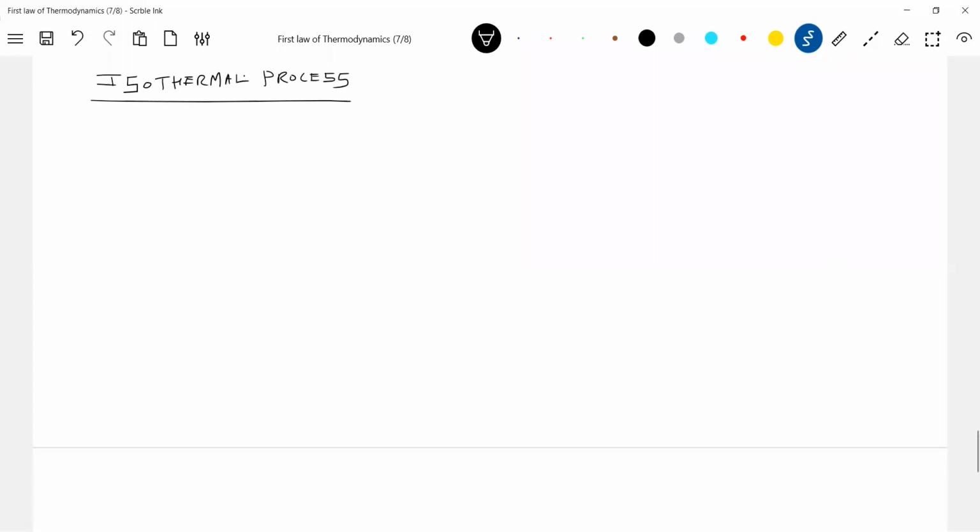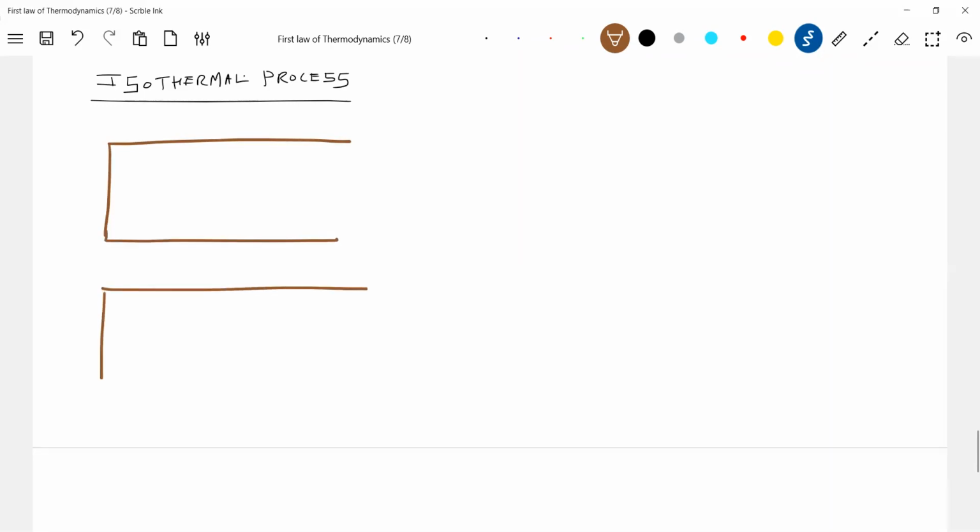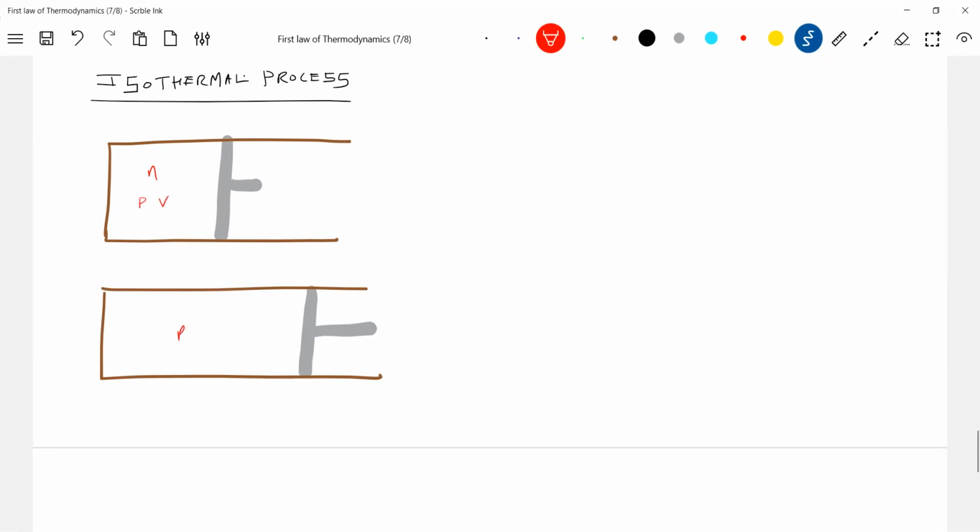So first, the background, again the background. There's a cylinder. We do have a piston. It contains n moles of gas, with pressure and volume P2, V2, and temperature T.